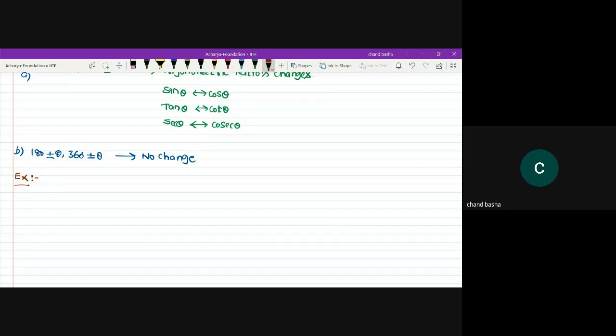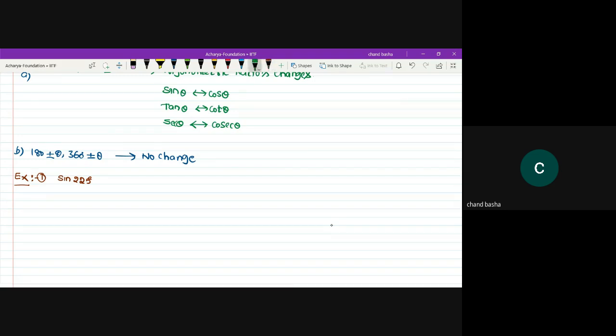Okay, so let us see what is the value of sine 225. You have to remember the trigonometric tabular values, the known values. 225 is a multiple of 45.